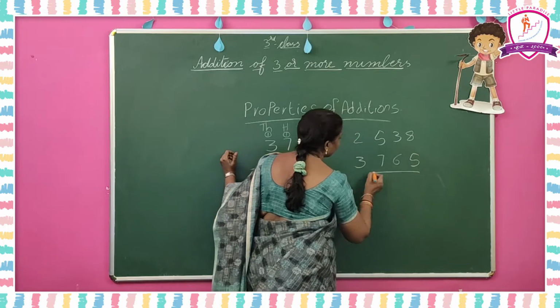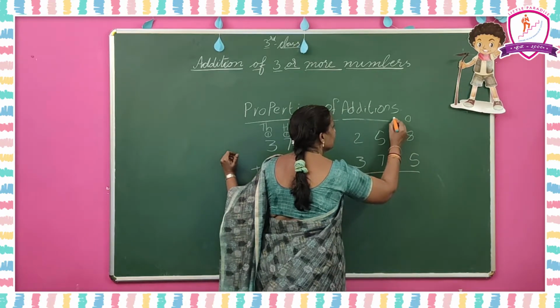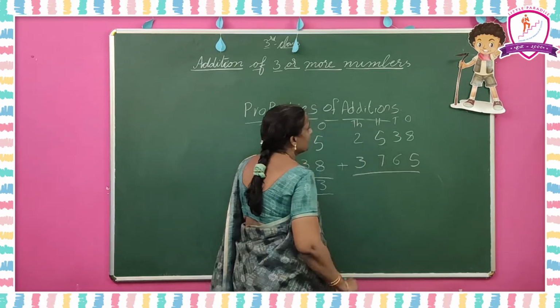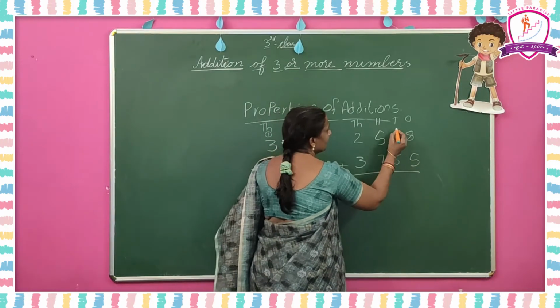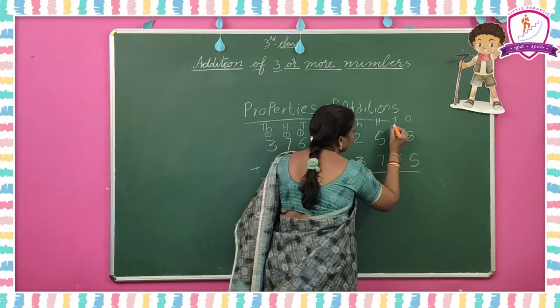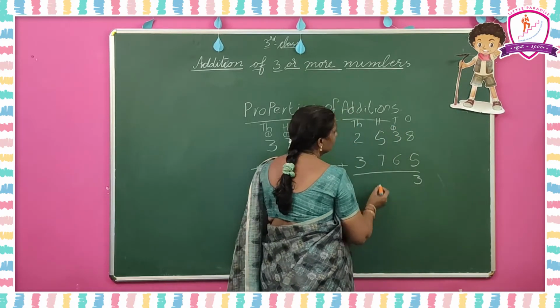Write the places, ones place, tens place, hundreds place, thousands place. Add ones place. 8 plus 5 is 13. 13 means take 1 as carry forward and write 3 in ones column.